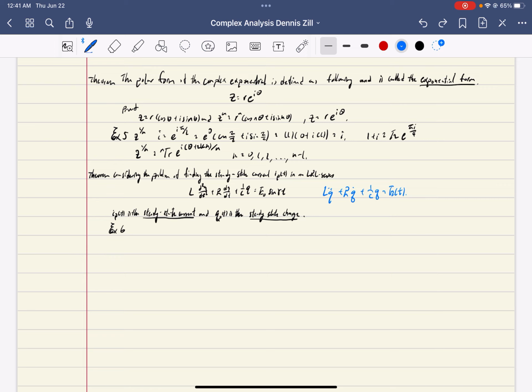And I_p is called the steady state current, and Q_p is the steady state charge. And now let's solve for it.